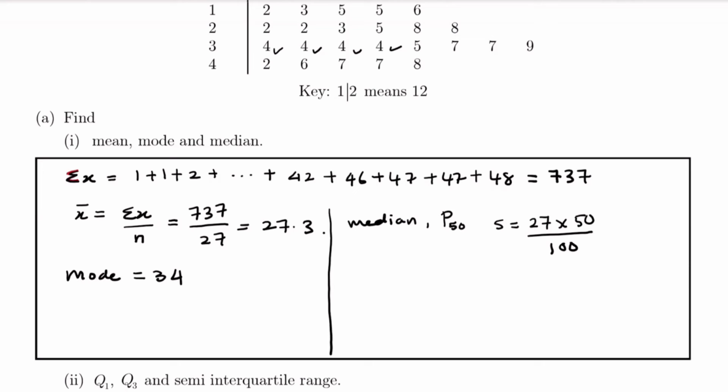The observation for 50% is 13.5. Since 13.5 is not an integer, we choose the least number bigger than s, which is 14. So the median for this data is at the 14th observation, which is 28.